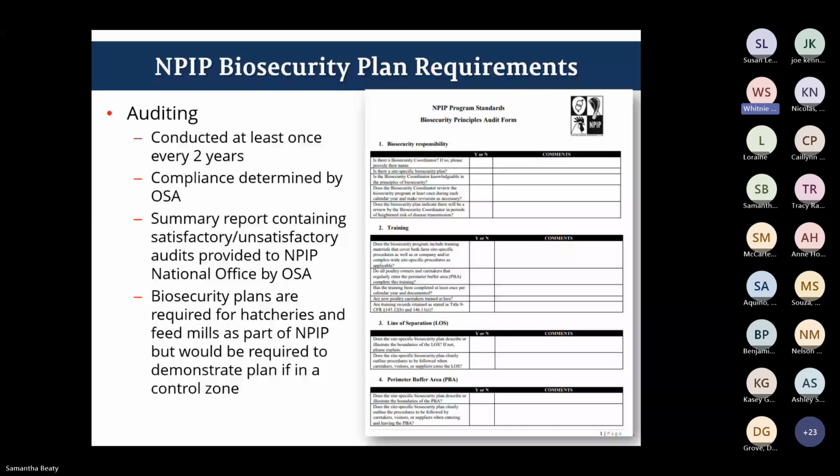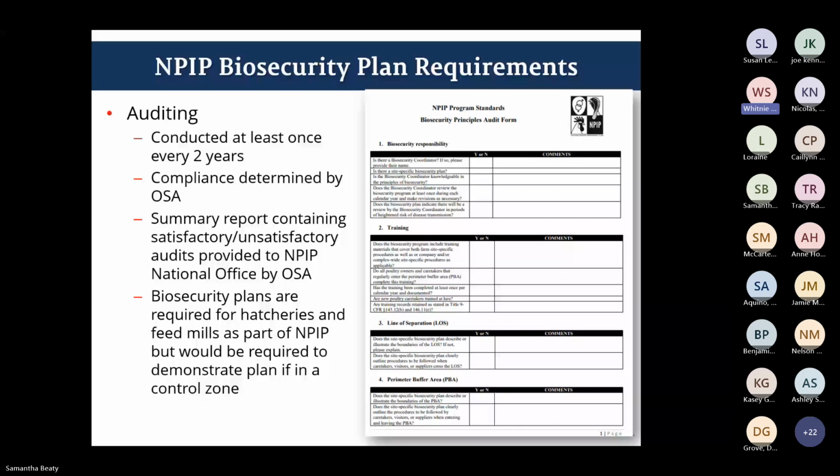So that's why when we talk about control areas, quarantines, and especially approving permits to move things in and out of a control zone, we say we need to see documentation or evidence of an actual biosecurity plan in place. The NPIP program is not enough because this is kind of the basic everyday requirements.